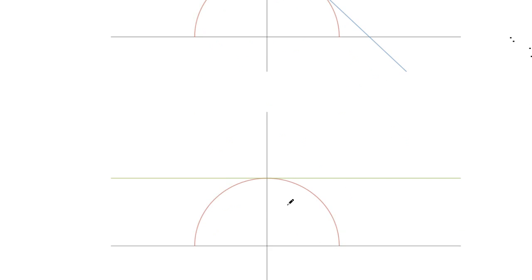Here I have the graph with the tangent line at 0, 1. Let's find dy dx. Remember, that's negative x over y, and we want to evaluate at 0, 1.